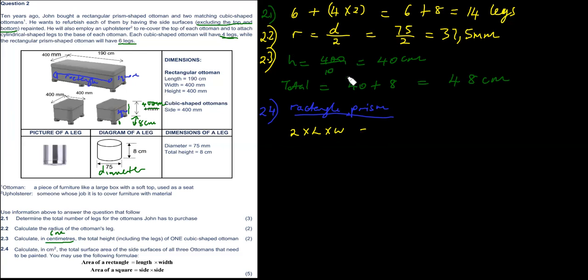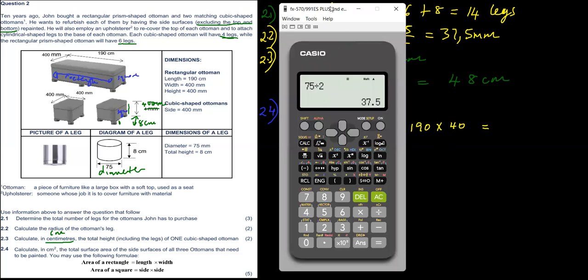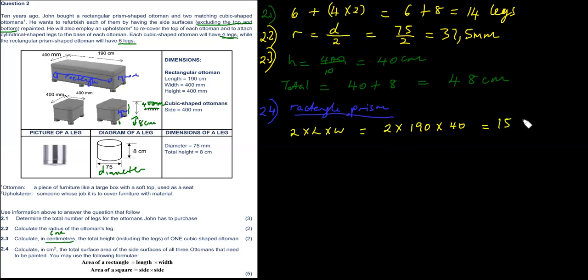We have done the calculations here. So our width is 40, and it's going to be 2 times, what is our length here? 190 times 40. What do we get as a final answer? So it's 2 times 190 times 40. We get 15,200 centimeters squared.